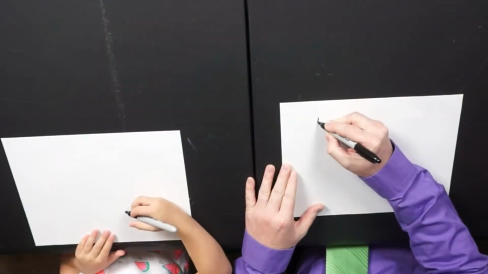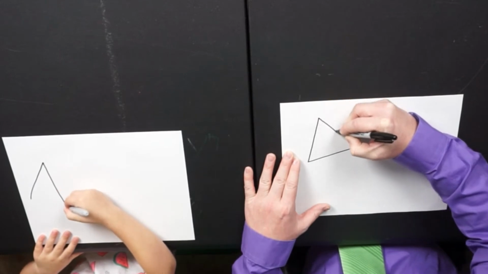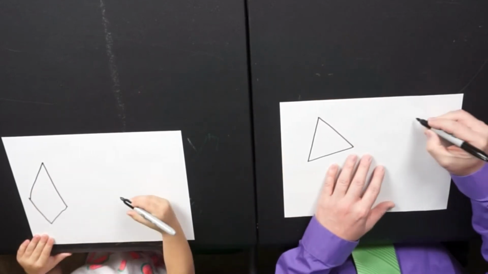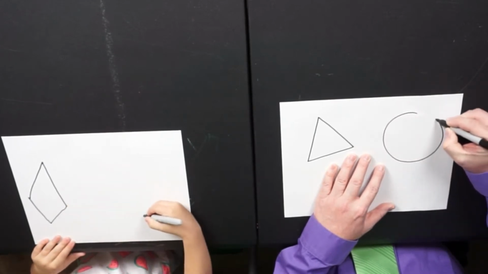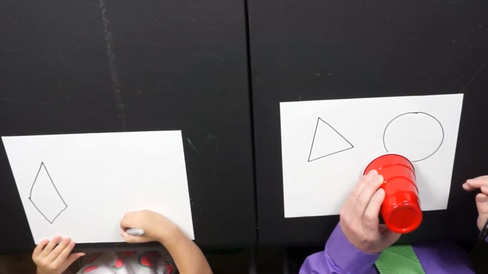And the first thing we're gonna draw on our paper are some big shapes. Maybe I'll make a triangle over here. Maybe I'll draw a circle over here. I could overlap and make another circle.